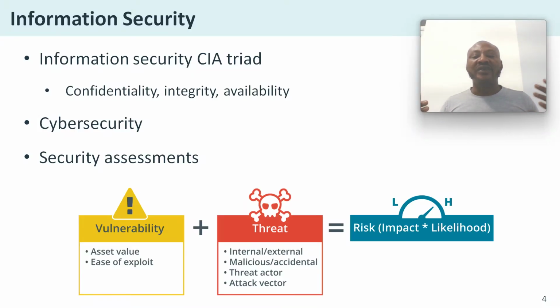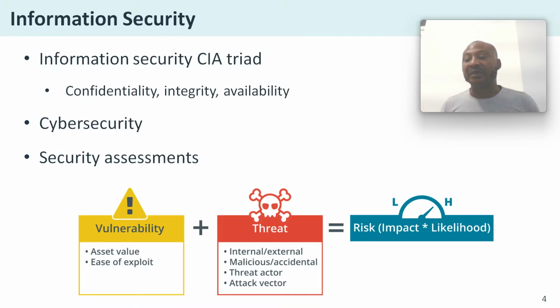Now, when we say vulnerability and threats together, those two combined give what we call risk. Risk is the likelihood of an impact to occur, the likelihood of an attack to occur. The likelihood of an event to happen is called risk. If you're looking at risk, you are going to measure the impact. If this event occurs, how is it going to impact us?